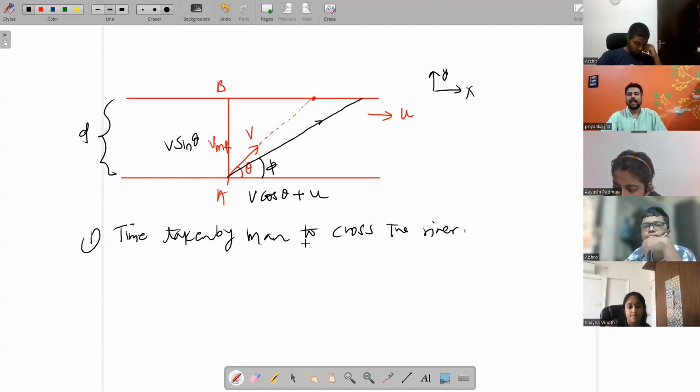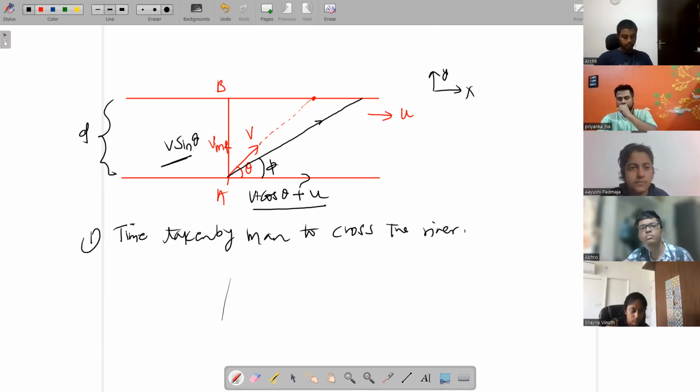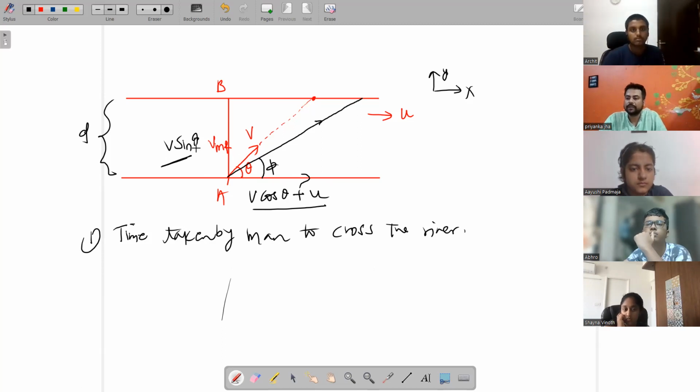We have two components of velocity, v sin theta and v cos theta plus u. This is the horizontal component. This is the vertical component. Which component is responsible to cross the river? Vertical component. The vertical component of the velocity is responsible to cross the river.